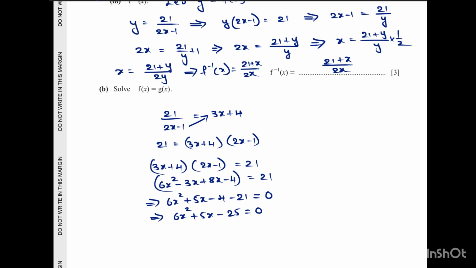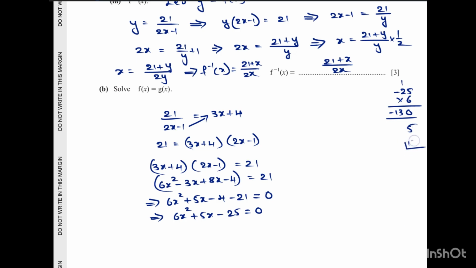Using the splitting middle term formula, you can find out the factors here. 6 5s are 30, 6 2s are 12, 13, minus 130 should be the product, and sum should be 5.